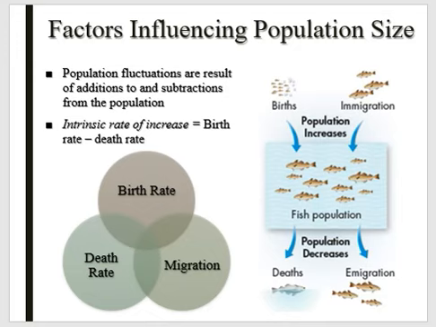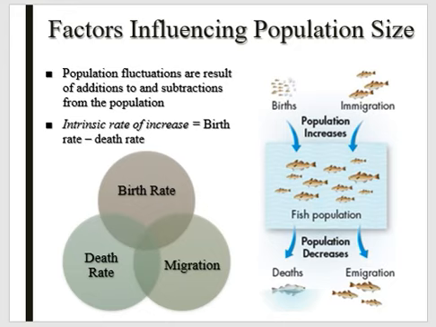Now, ignoring immigration and emigration, growth itself is primarily affected by your birth and death rates. The actual value of the effect of these two factors depends primarily on how many individuals are being added to or removed from that population.